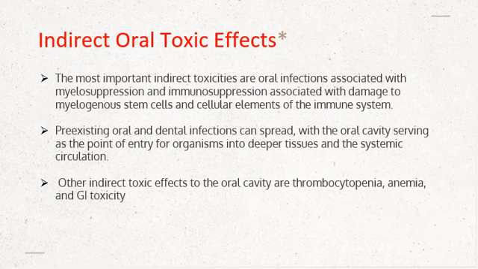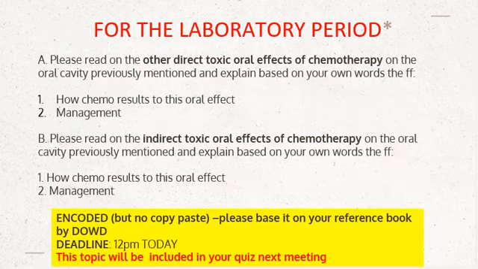Other indirect toxic effects to the oral cavity are thrombocytopenia, so decreased platelets, anemia, and GI toxicity. Again, these toxic effects are due to the action of your chemo drugs acting on the actively replicating or actively dividing cells of the body.